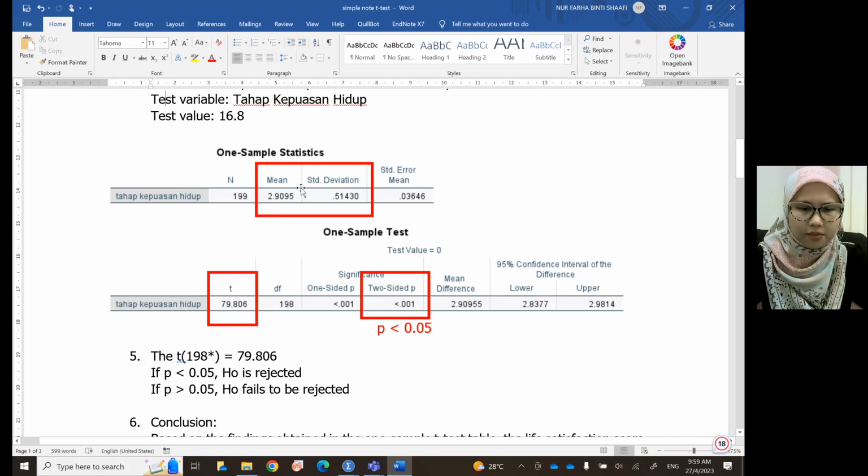So from one sample t-test here, the output, all right, what can you see or what can you report is the first you look at the mean and the standard deviation. Okay, the mean for the tahap kepuasan hidup is 2.90, 2.91 or 2.90.